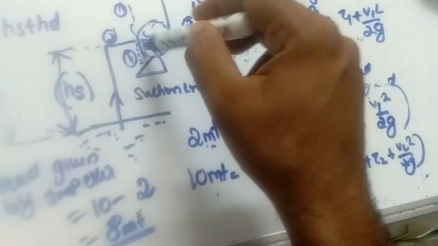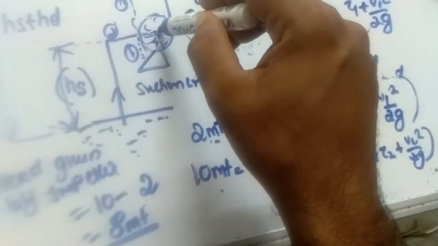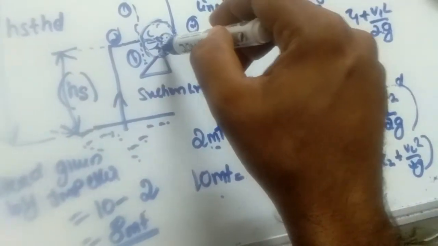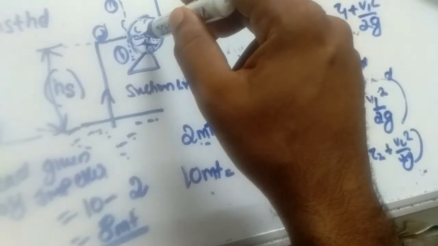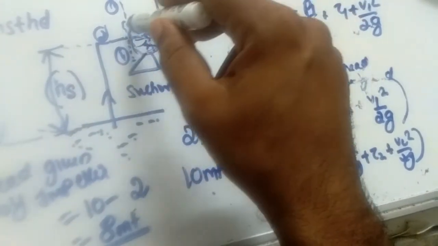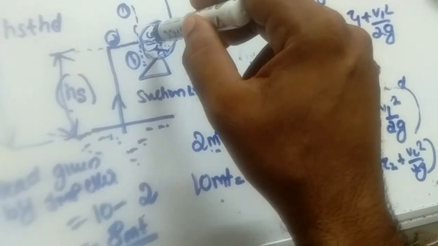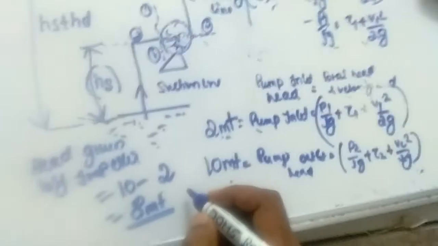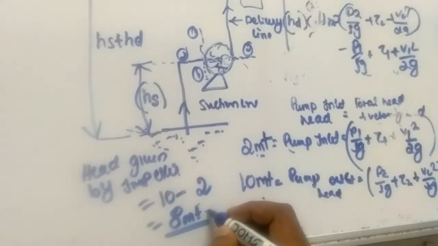Within the pump, definitely some losses take place: in the casing, and within the impeller. Some boundary is covering the impeller, and it restricts the flow, so losses take place. Resisting these losses needs some extra head.